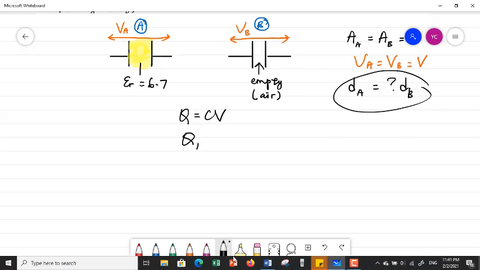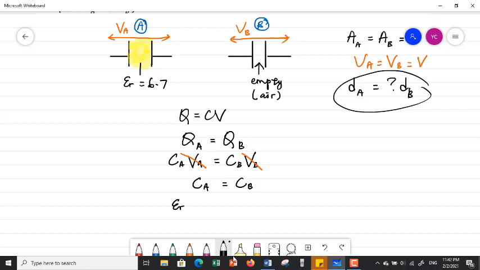The charge stored in capacitor A is equal to the charge stored in capacitor B, so QA is CA V, QB is CB V. Since they are connected to the same potential difference, the voltage will cancel because the value is the same. We are only left with capacitance A equal to capacitance B in order to store the same amount of charge.